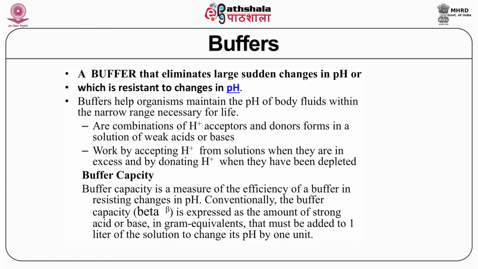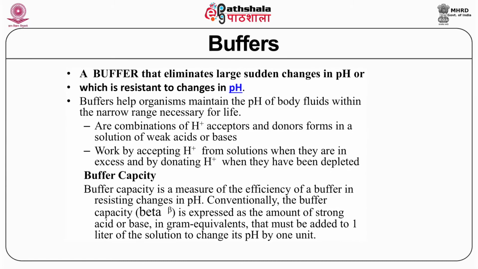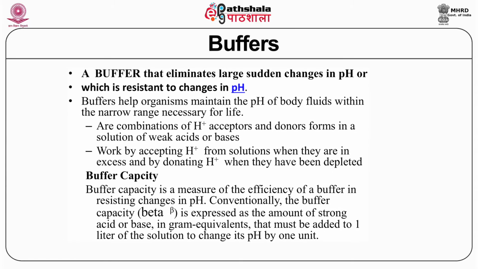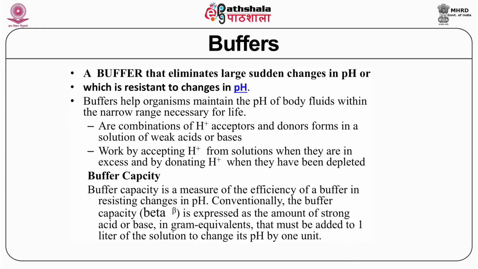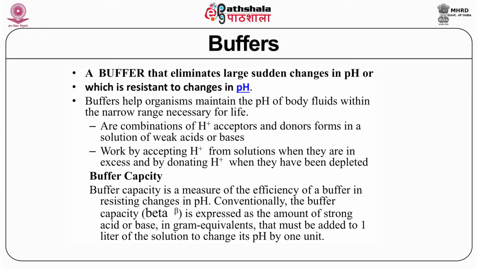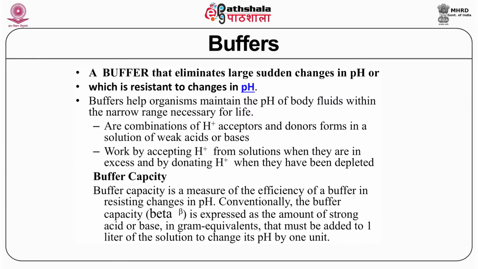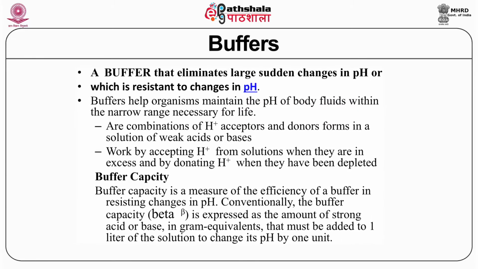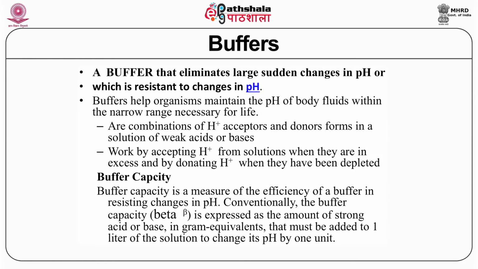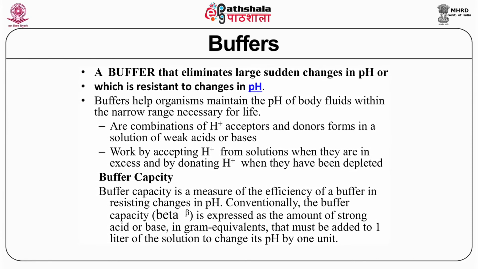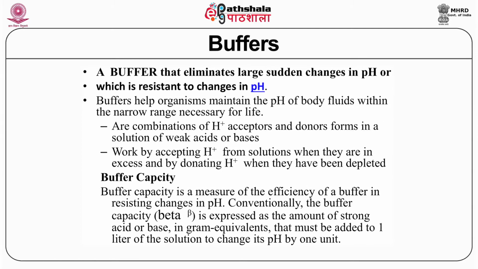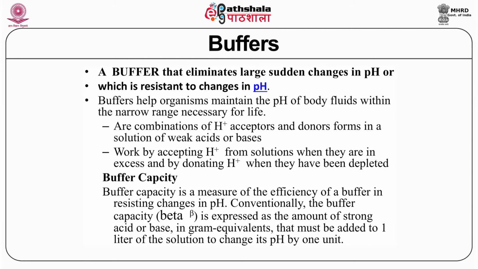Then how do you say which is a good buffer or a bad buffer? That is where the term buffer capacity comes in. Capacity tells you how efficient it is at maintaining, say, pH 7, which buffer you have to choose, and under what conditions it serves your needs or not.